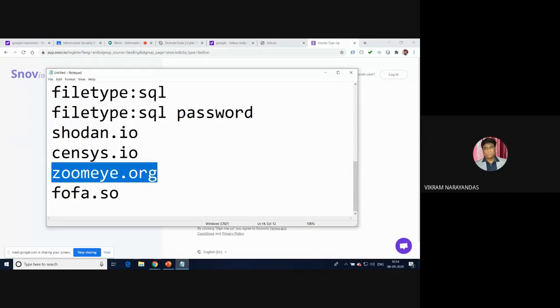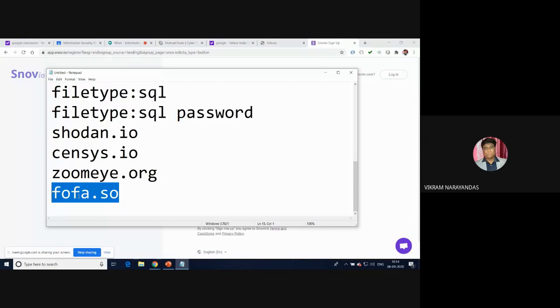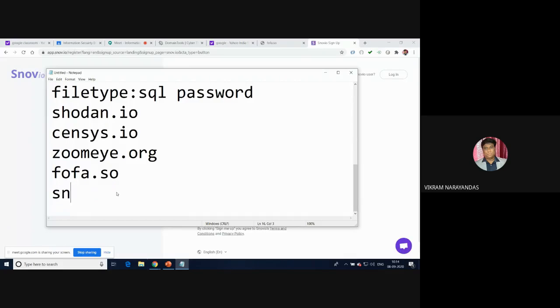So we discussed yesterday. One more thing is FOFA.so. It is a kind of search engine, you can get the information of the people. Another one is snov.io.